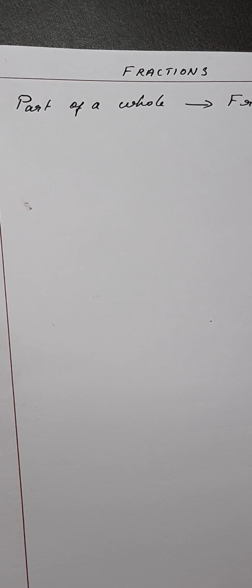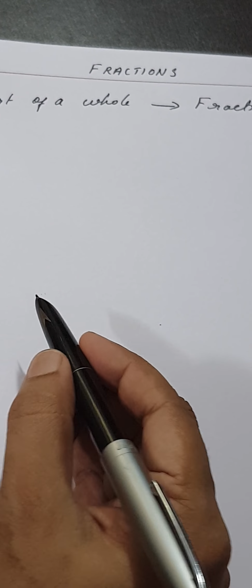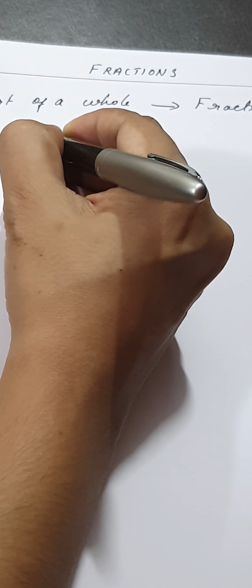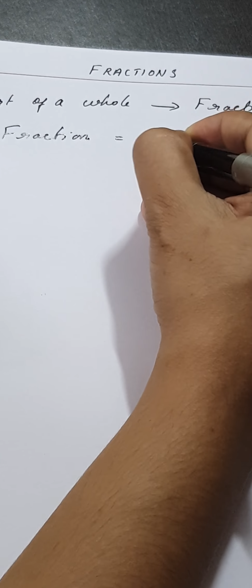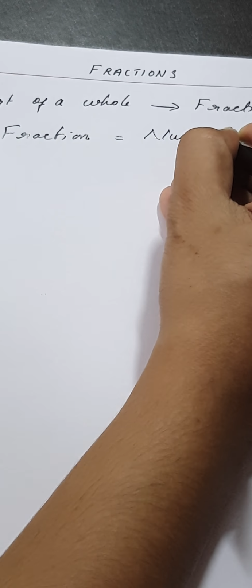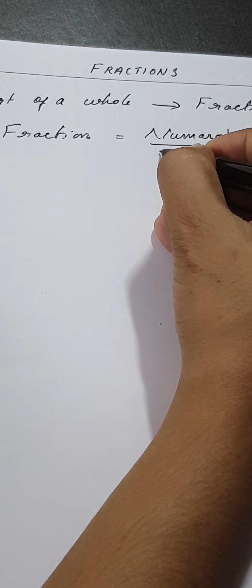A fraction has two parts, which are the numerator and denominator. So how can we express a fraction? Fraction is equal to numerator divided by denominator.